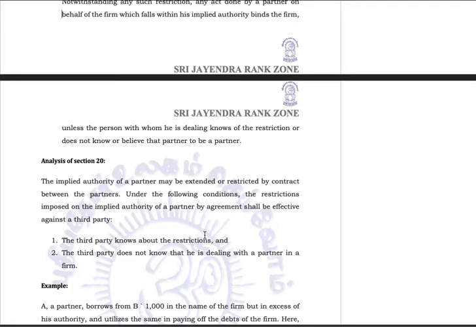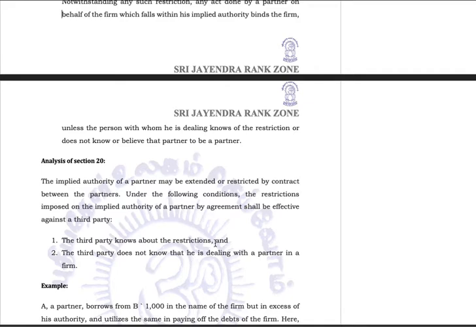That restriction is applicable only if the third party knows about the restriction. If the third party knows about the restriction, he cannot rush against the firm later on. Or if the third party does not know that he is dealing with a partner.